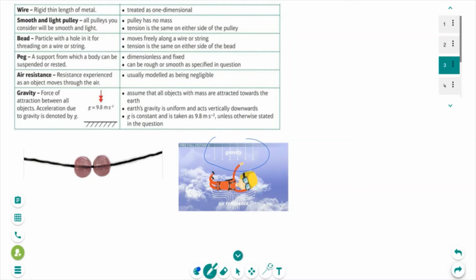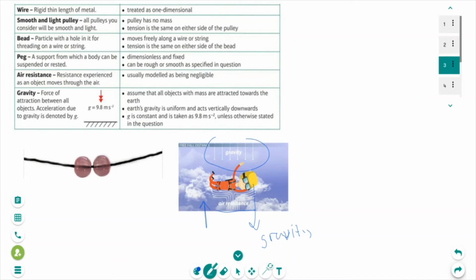You've got the gravitational force on the person. But obviously you have the air resistance acting upwards. Quite often in questions, air resistance will be ignored. They'll say in the question, air resistance can be ignored, just to make the model simpler.